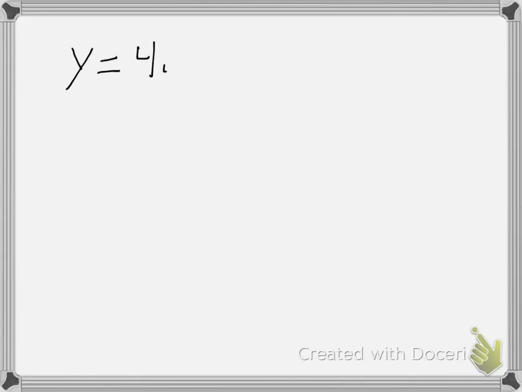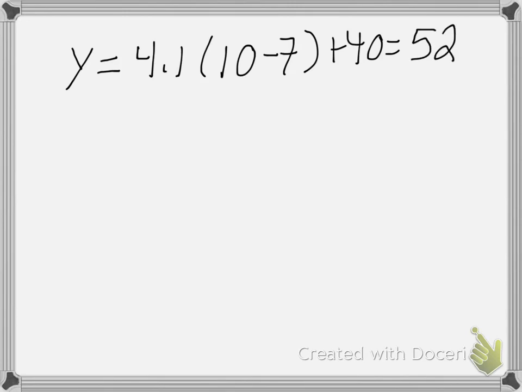You should have 4.1 times, and I'm just going to use the bigger number because, you know, that's me, (10 - 7) + 40. And what does that end up with? 52.3. Which, you know, I'd like to have $52.3 billion. Wouldn't you all?